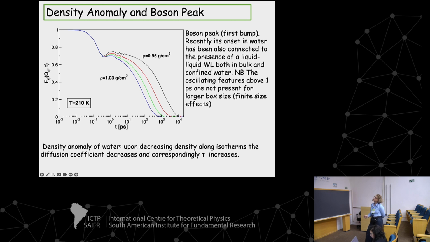Okay, so when we change density in water, you see that the lowest density is slower, which is awkward, because usually in a fluid, when you increase the density, it goes slower. I told you that mode coupling foresees that density and temperature are the same.